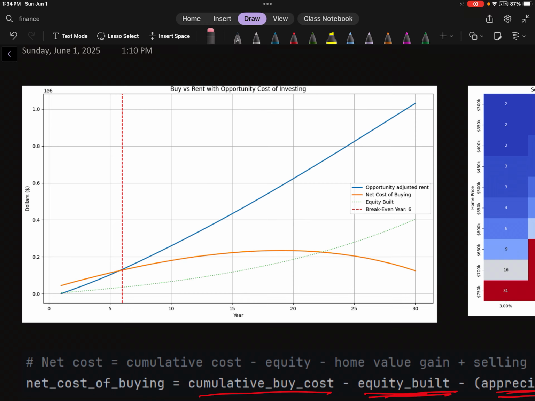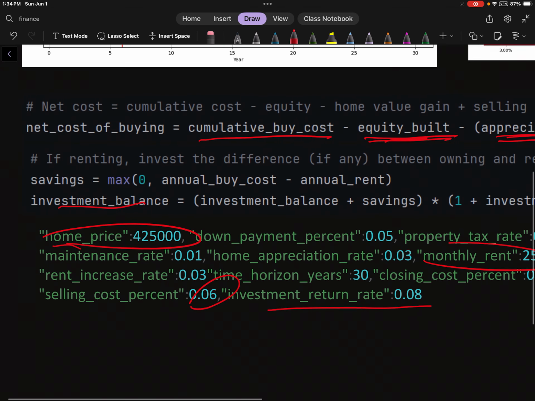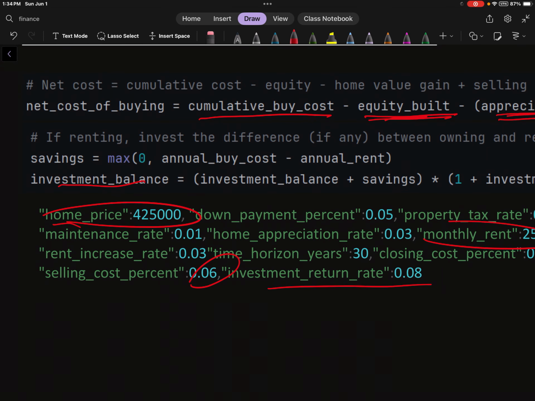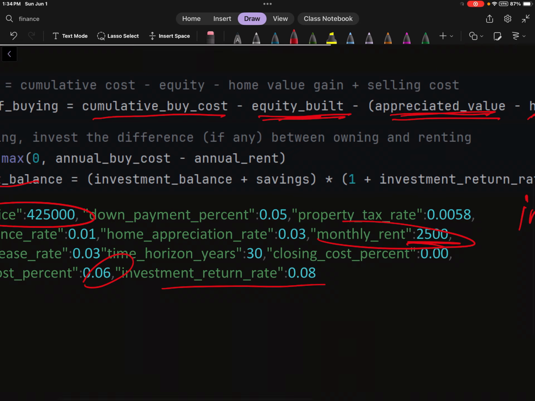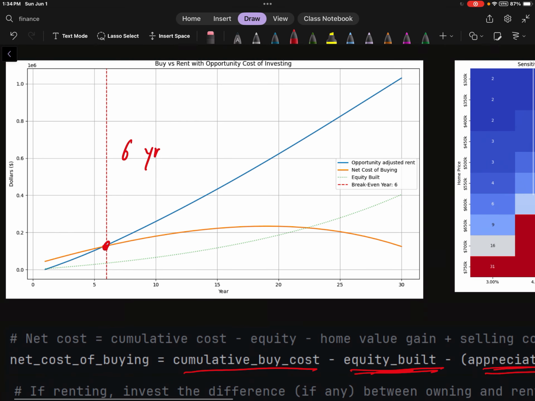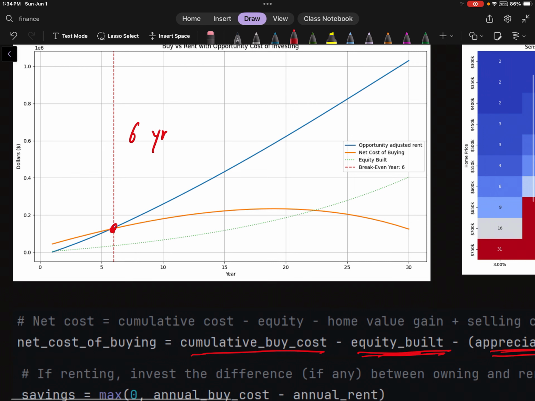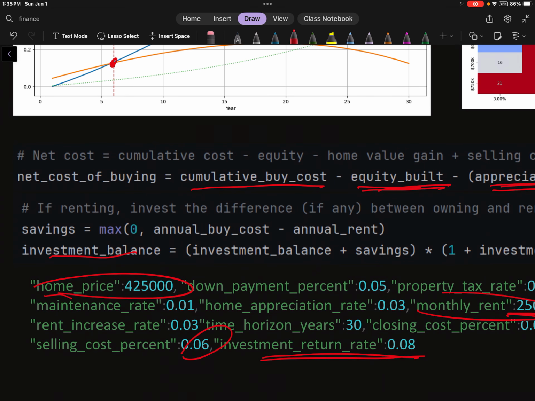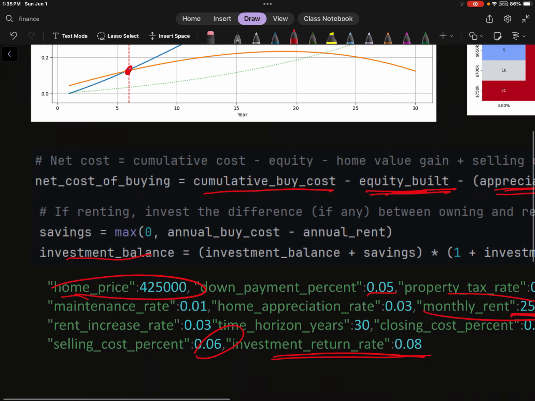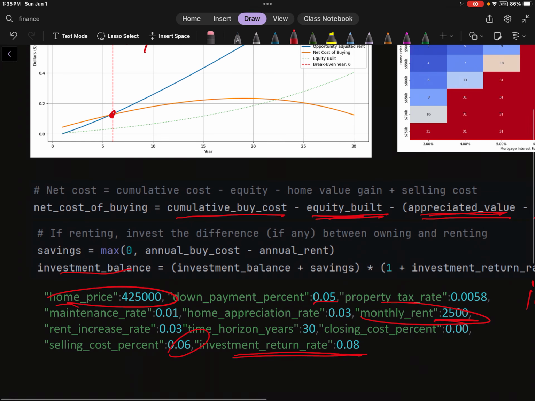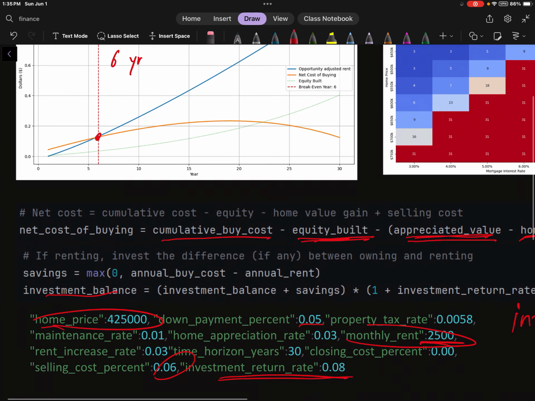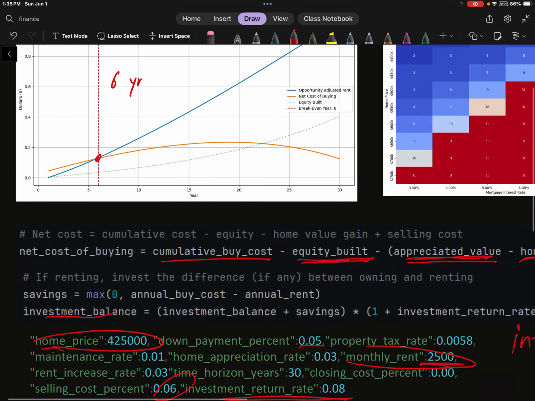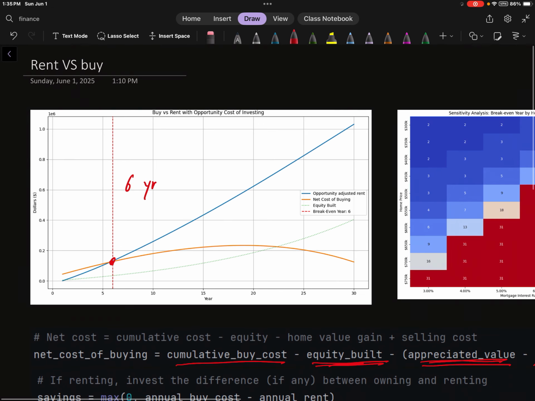For now, this is at 6 years, with a $425,000 house price and $2,500 monthly rent, at 6% interest rate, 8% investment return, 5% down payment, 6% closing costs, and 1% maintenance rate, stuff like that.